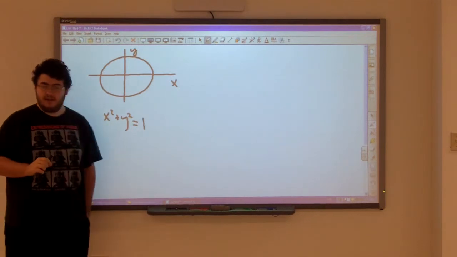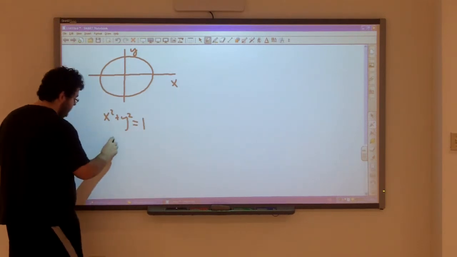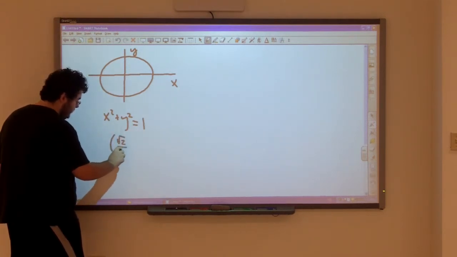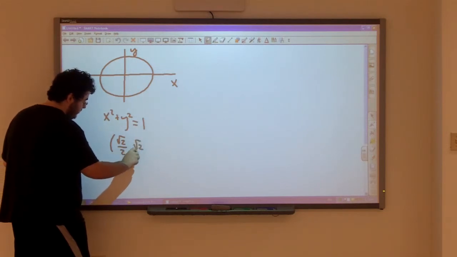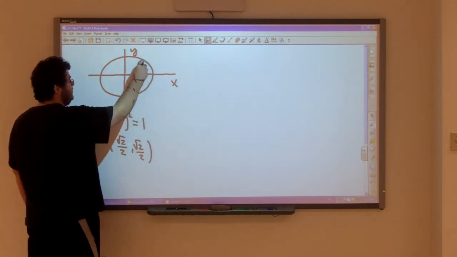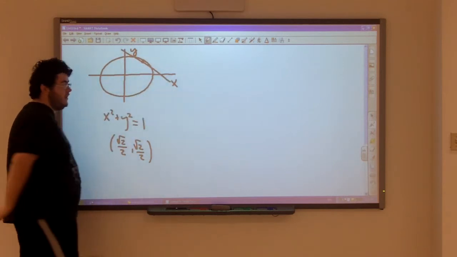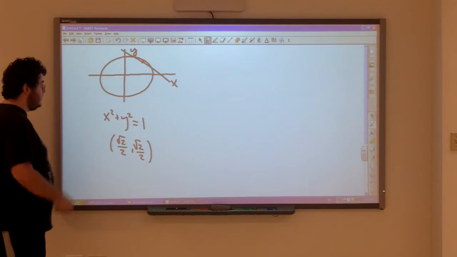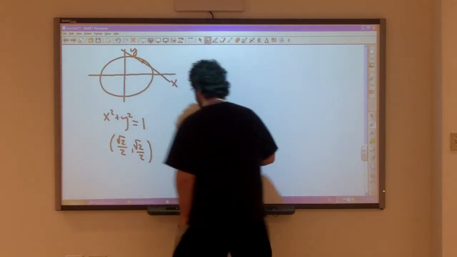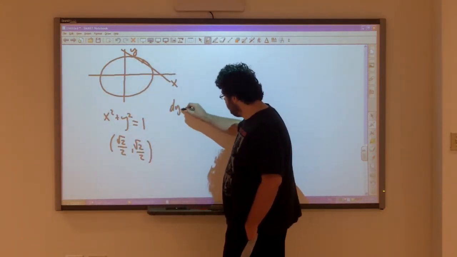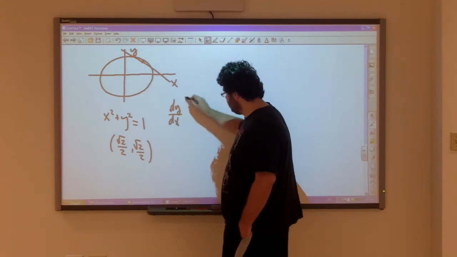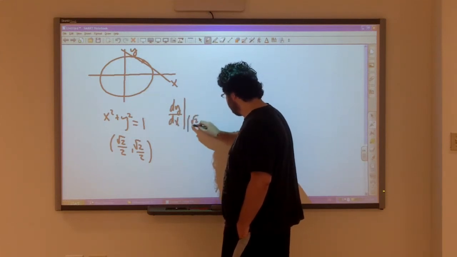I want to know the slope of the tangent line at the point square root of 2 over 2, square root of 2 over 2. So I want to know the slope of the tangent line right there. If we want the slope of that line, what we really want is dy/dx evaluated at this point.